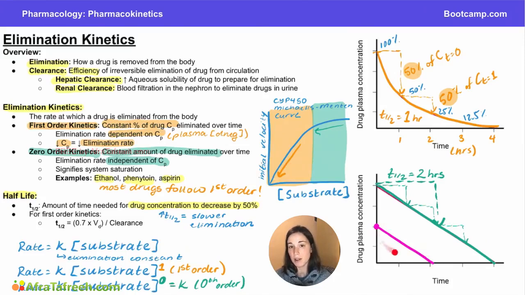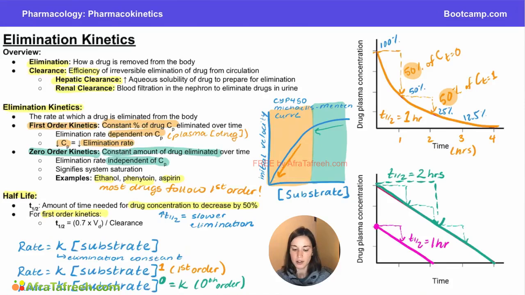If we look at this pink curve now, the half-life of this drug is going to just be 1 hour, even though this is the same exact drug as we were looking at before. So for zero-order kinetics, the elimination rate is independent of the drug plasma concentration, but the half-life is dependent on the drug plasma concentration.